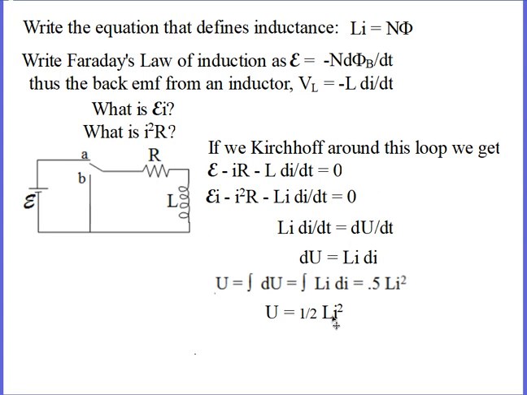Do you remember a similar formula for the energy stored in a capacitor? That would be a worthwhile exercise for you. It was stored as electrical energy in a capacitor, and it was Q squared over 2C.